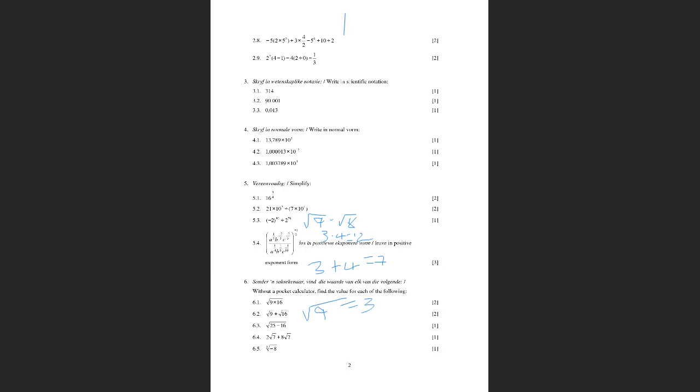Now, the next one, we have square root of 7 and square root of 7 here. So we have a common factor. So we can just add 2 plus 8. We can get 10. 10 square root of 7. That is number 6.4. Please, any questions so far?